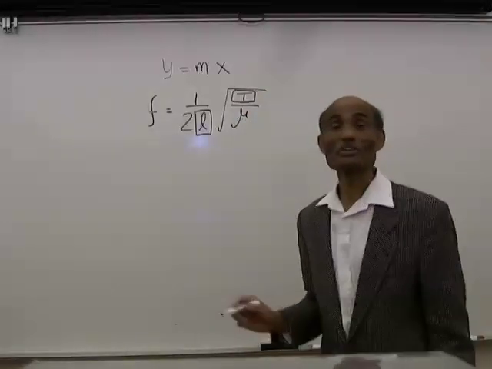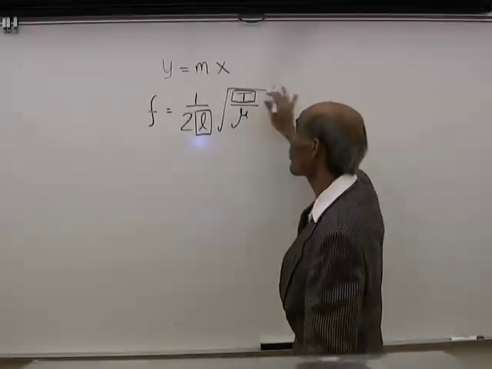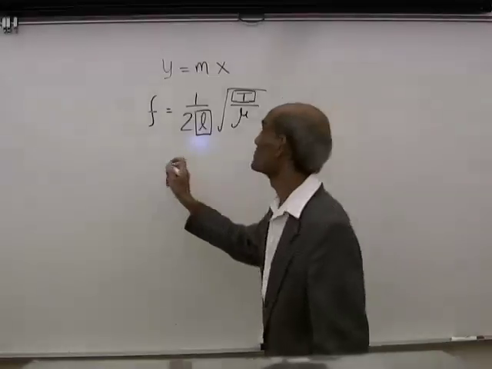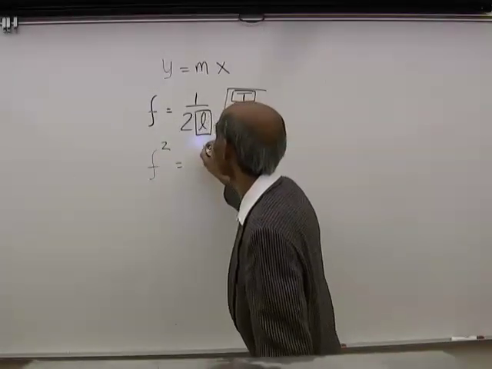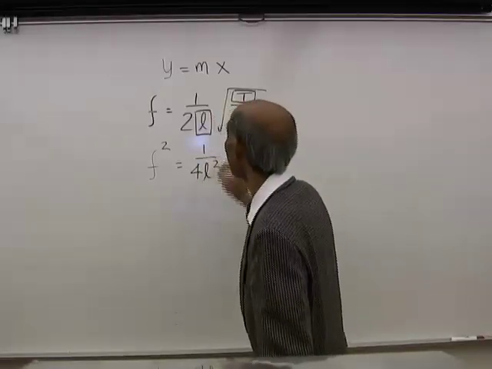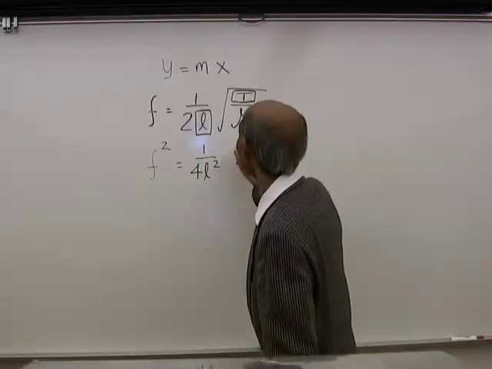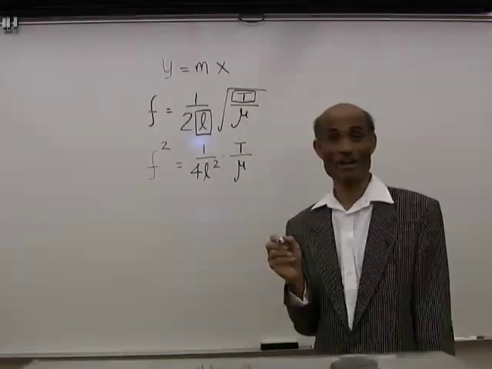Now, the first thing you can do is square this equation so that the square root will go. So, it will become f squared equal to 1 over 4l squared times t over mu. Is that right? I squared it.